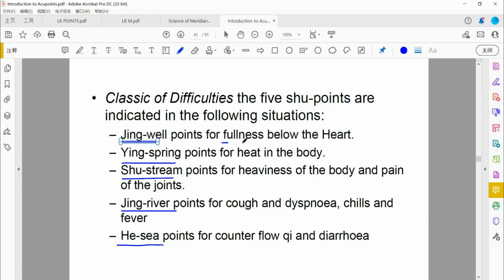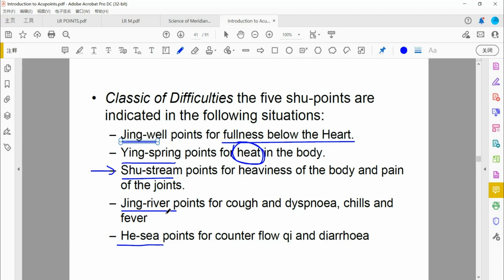Ying spring points are for heat. Shu stream points are for heaviness of the body and pain of the joints. So that's why Shu stream points are very good for painful obstruction syndrome, Bi syndrome, any pain.